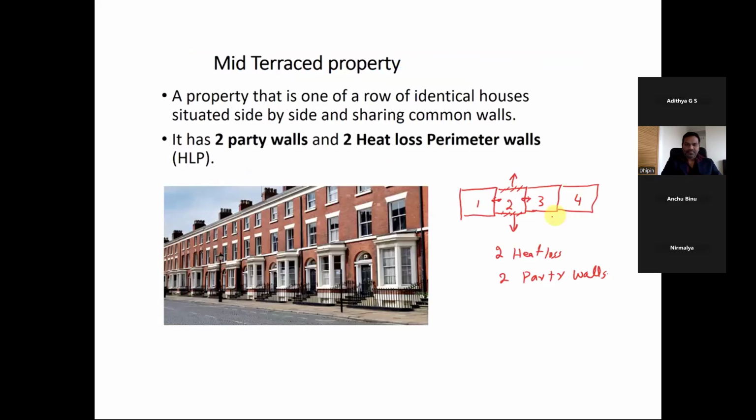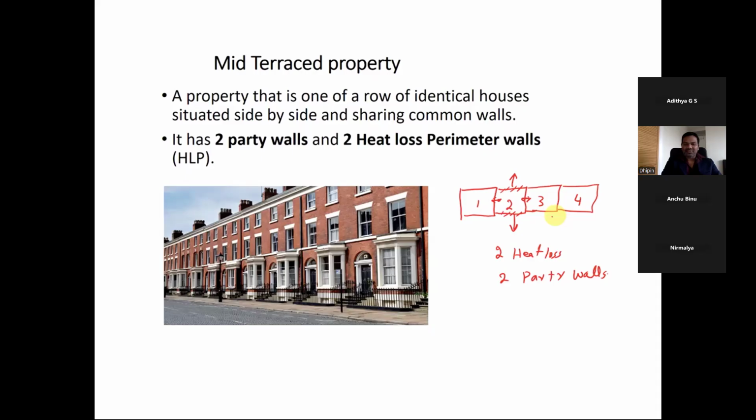Yeah, I'm sure you would have seen these kinds of buildings already, but this is something called a mid-terraced property, a property that is one of a row of identical houses. All these houses are identical, and this is in a row. These are called row houses. One advantage of being in a row house is that you would be paying a lower electricity bill than in a detached house, because the heat loss wall is shared as a party wall with another property.